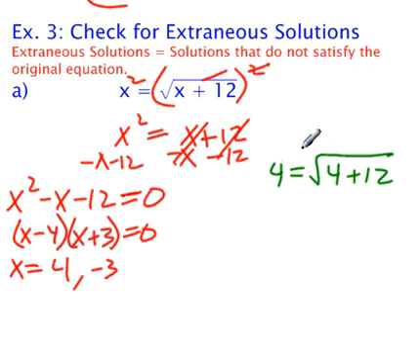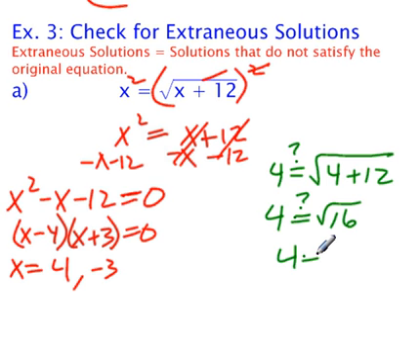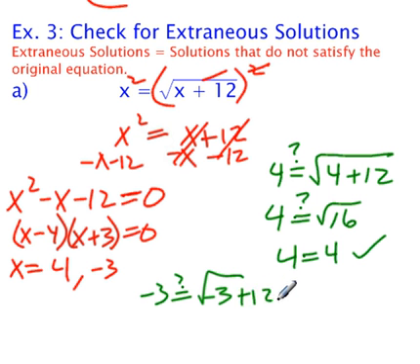Let's just check that. We're trying to see, is that true? Okay, so 4 plus 12 is 16, so we have 4 equals the square root of 16. Is that true? Well, what's the square root of 16? It's 4. 4 equals 4, so yes, that one does work. Okay, so let's check negative 3. We say negative 3 equals, we wonder, the square root of negative 3 plus 12.